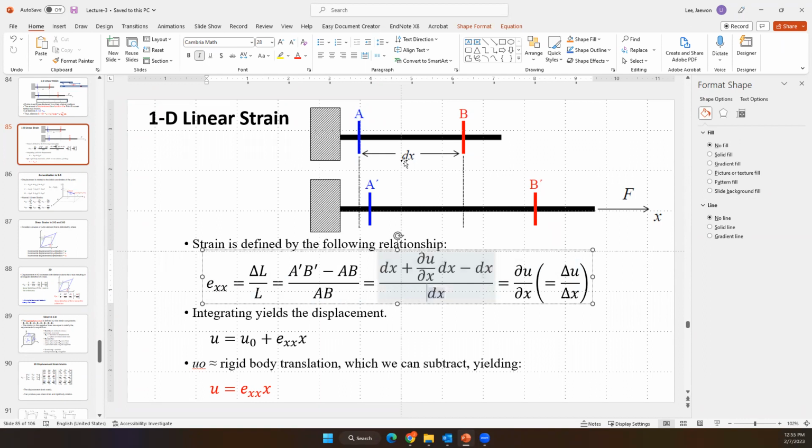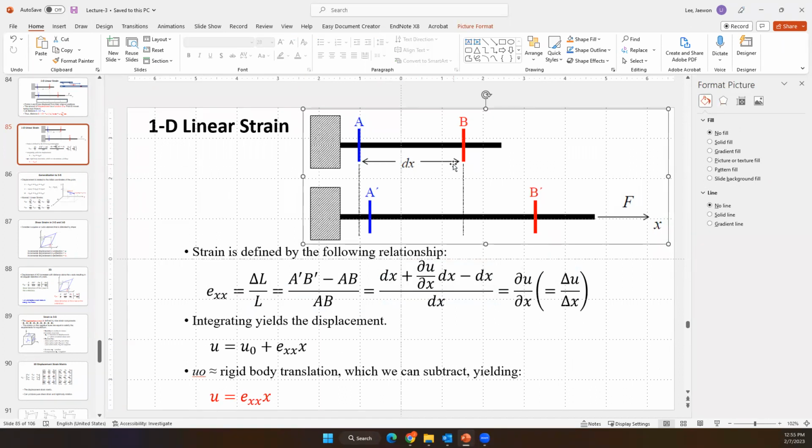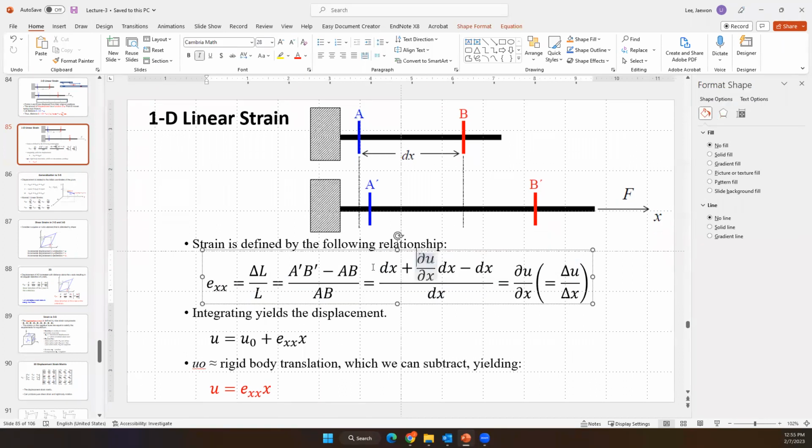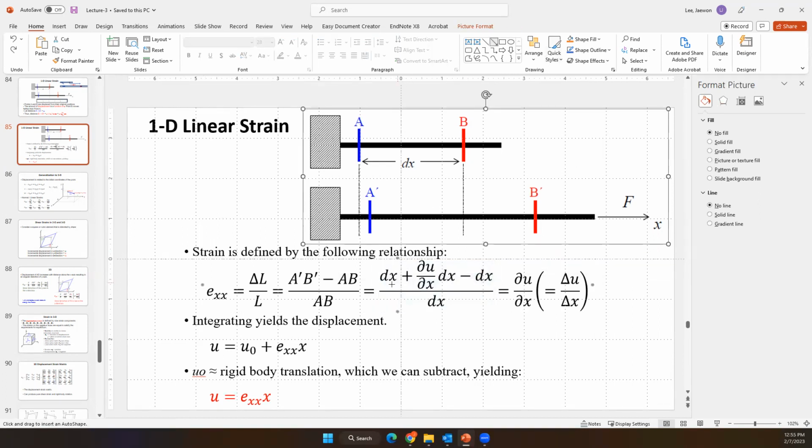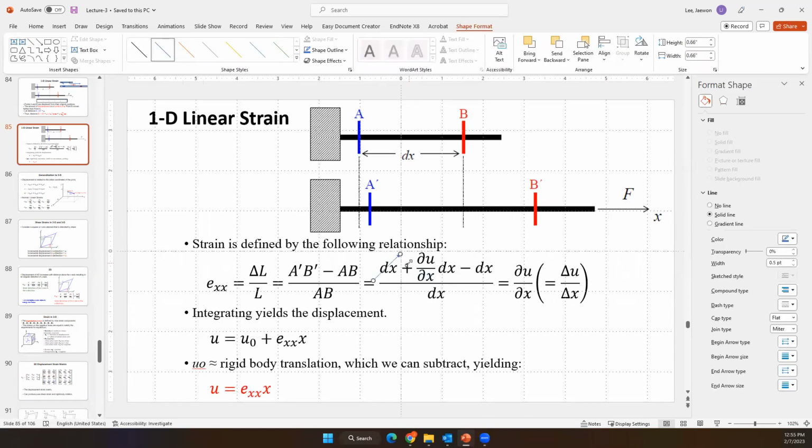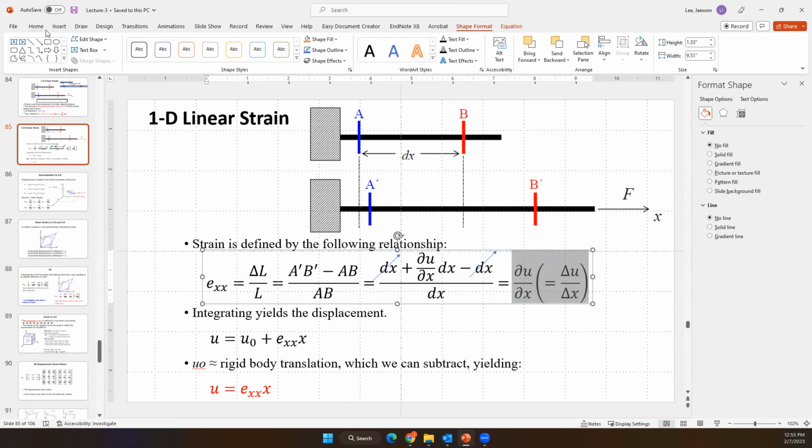If we assume this is dx, we can describe the A prime B prime distance as dx plus partial u over partial x times dx, and the AB distance is dx. So we can get this relation.